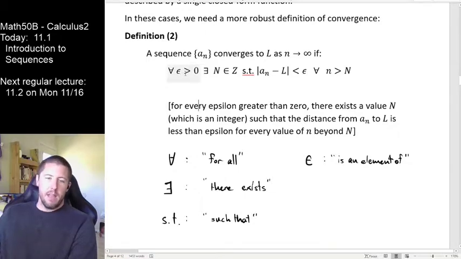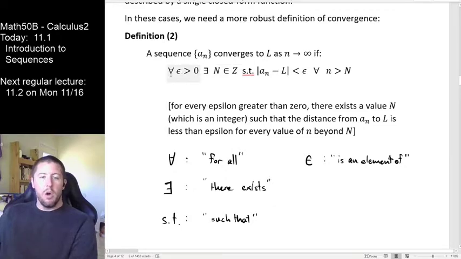For every epsilon that's greater than 0, there exists some number n, capital N. Capital N is an element of the integers. So when I say N element of Z, this is just saying there exists a number N that is an integer, an element of the set of the integers.